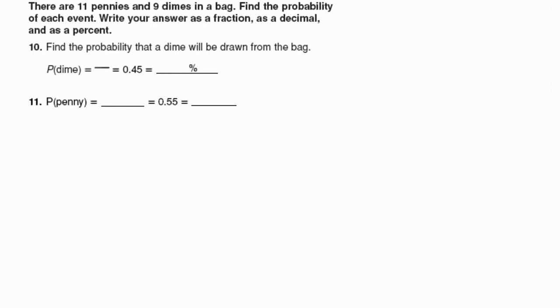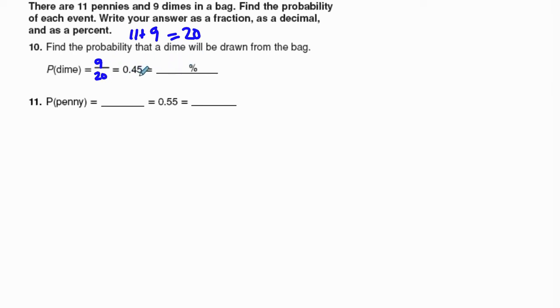Okay, let's check our answers. All right, there are 11 pennies and 9 dimes in the bag. When I add those together, that tells me that there are 20 coins. Find the probability of each event. Write your answer as a fraction, a decimal, and a percent. Okay, find the probability that a dime will be drawn from the bag. 9 dimes out of 20 coins. 9 divided by 20 gives us 45 hundredths.